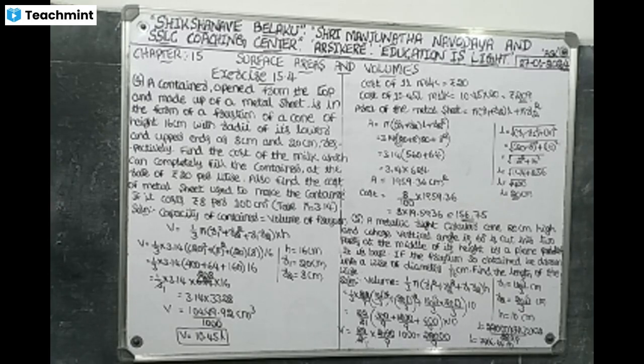Next, problem number 5. A metallic right circular cone 20 centimeter high and whose vertical angle is 60 degree is cut into two parts at the middle of its height by a plane parallel to its base. If the frustum so obtained is drawn into a wire of diameter 1/16 centimeter, find the length of the wire. So angle AOD is 90 degree.